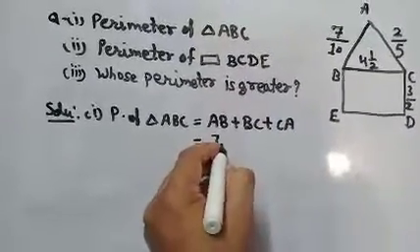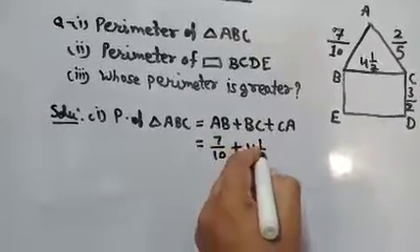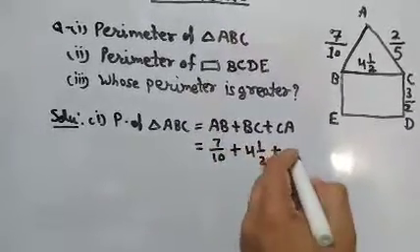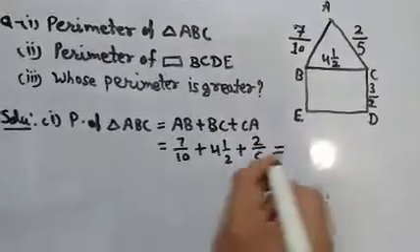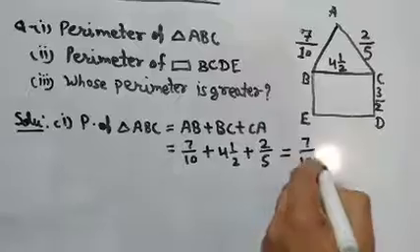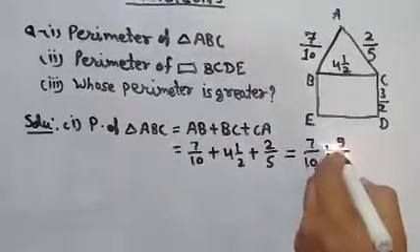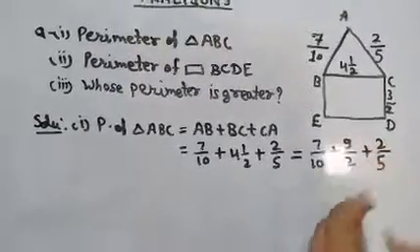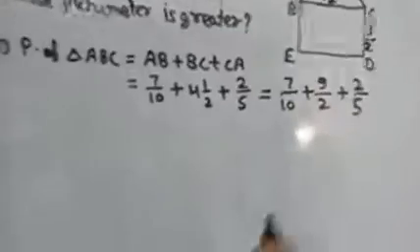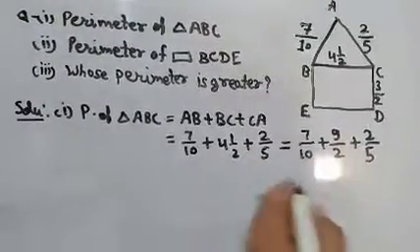AB is 7 by 10, BC is 4 whole 1 by 2, plus CA is 2 by 5. That equals 7 by 10 plus 2 fours are 8 plus 1 is 9, so 9 by 2, plus 2 upon 5. I hope you understand the conversion of mixed to improper.